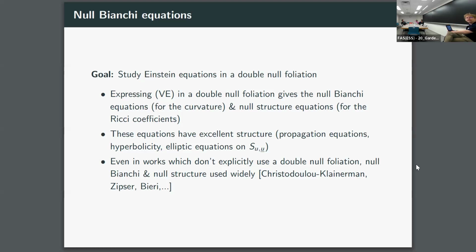This is also true in Zipser's proof of stability for Einstein-Maxwell, and in Lydia Bieri's proof generalizing the original Minkowski stability result. So there's even more motivation to study null Bianchi than there was to study the double null foliations.